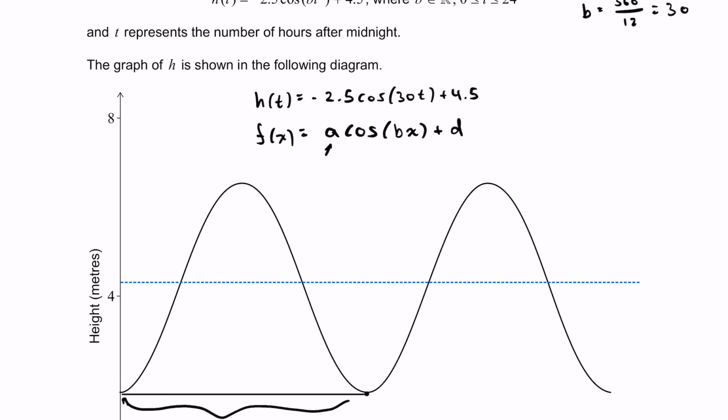The amplitude is essentially the height of the wave, or the distance from the maximum to the midline. So amplitude, we just want the magnitude in terms of the height. We don't want to include the negative. So in this case, what is the amplitude? The amplitude is 2.5.